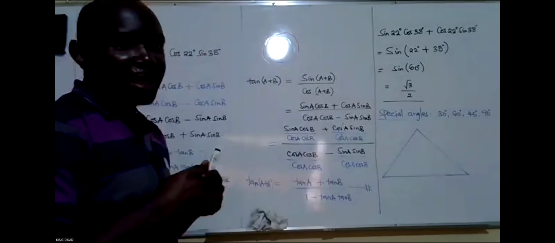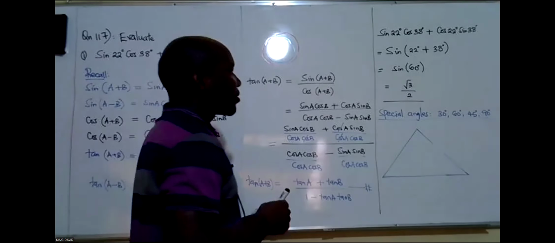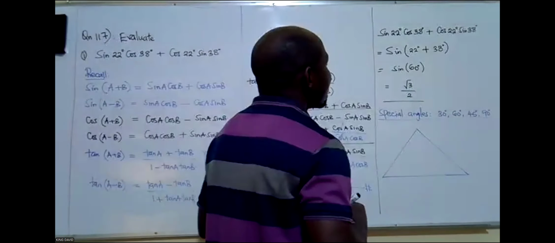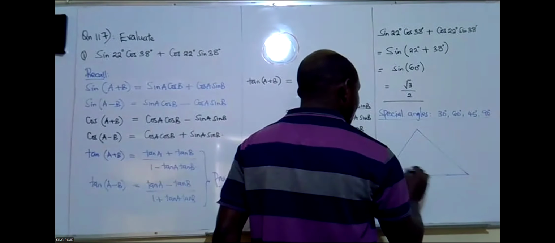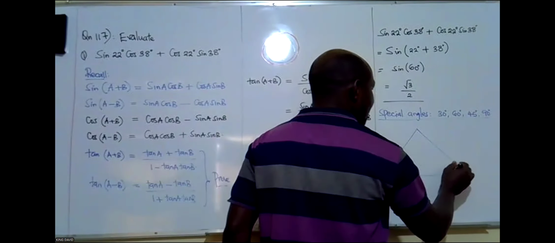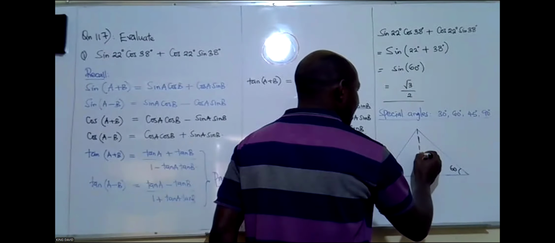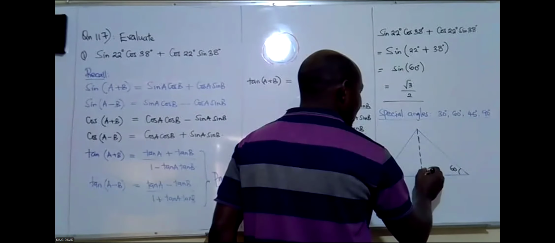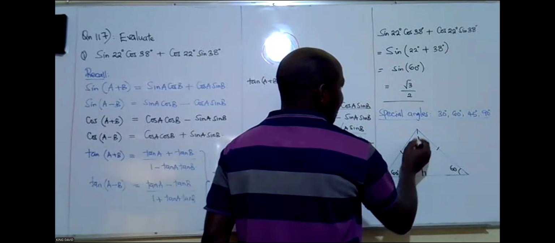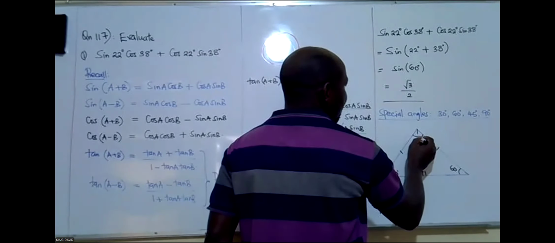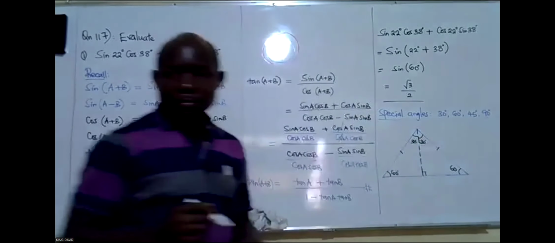Equilateral meaning that all sides are equal, and even the angles, each of the interior angles is going to be 60 degrees. So if this is going to be 60, this is also 60, even this angle is 60. But if we drop a perpendicular bisector like that, such that this is 90 here, because this side is equal to that side, this angle will be divided equally to give us 30 and 30.